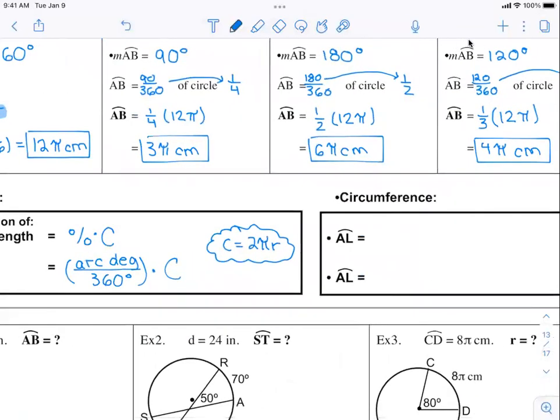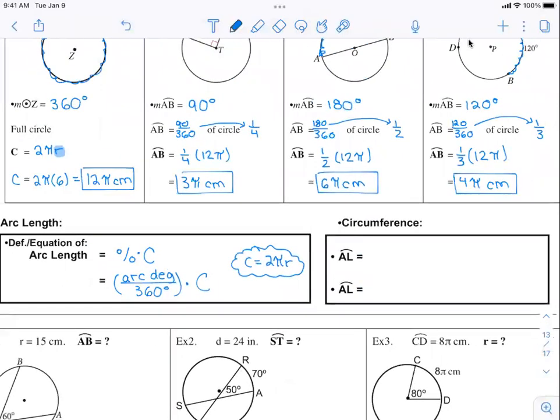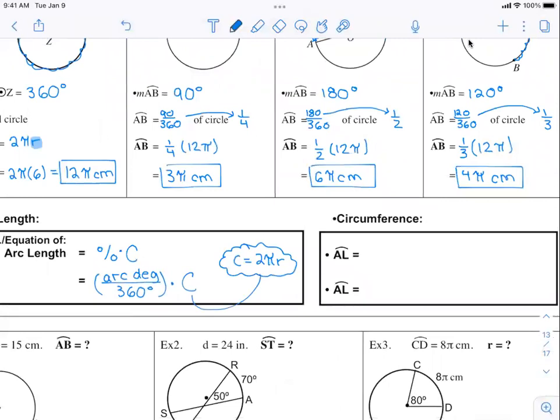So you can write the formula in two ways if we plug it in here. You could say, again, it's arc degree over 360 times 2 pi r, because that's your formula for circumference, or if you feel more comfortable with it, you can multiply it by pi d.